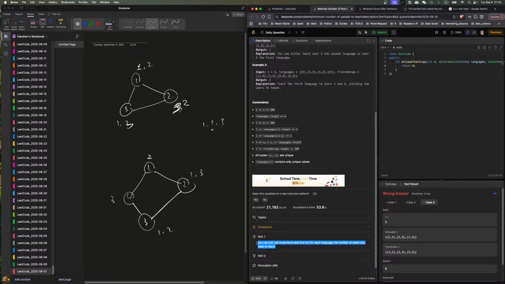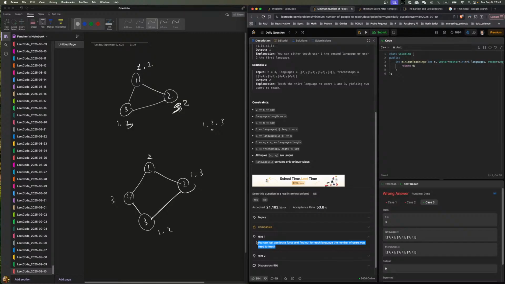Well, for the nodes that contain this language, we don't have to teach them. For the nodes that don't, we can choose to teach them, and then we can get a number, right? But you don't have to. Right, I don't have to.